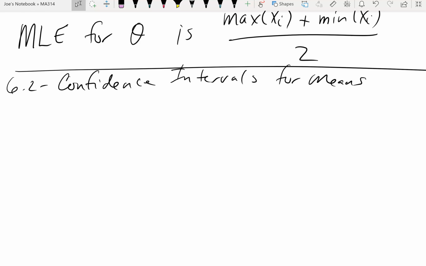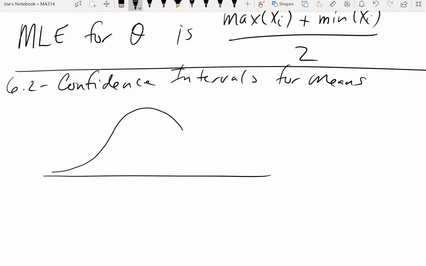If we think about the picture, you've got this parameter that you're trying to estimate for the population. What you're interested in doing, of course, is taking a sample and getting some sample mean.